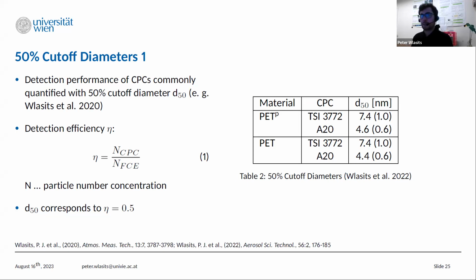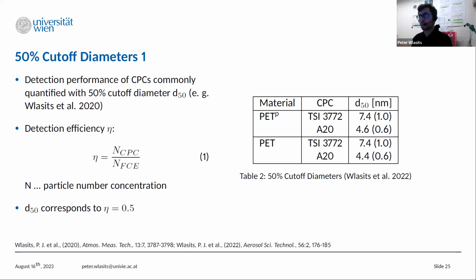And that detection efficiency goes from 0% to 100%, or from 0 to 1. At the point where the detection efficiency equals 0.5 or 50%, the diameter that corresponds to this point is the 50% cutoff diameter. So it is the particle diameter where, in first approximation, 50% of the particles coming into the CPC are detected.